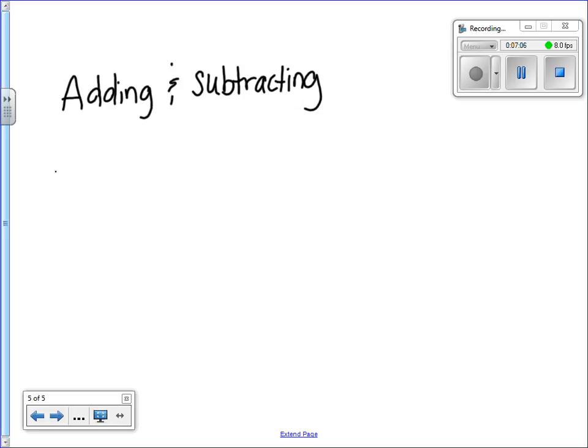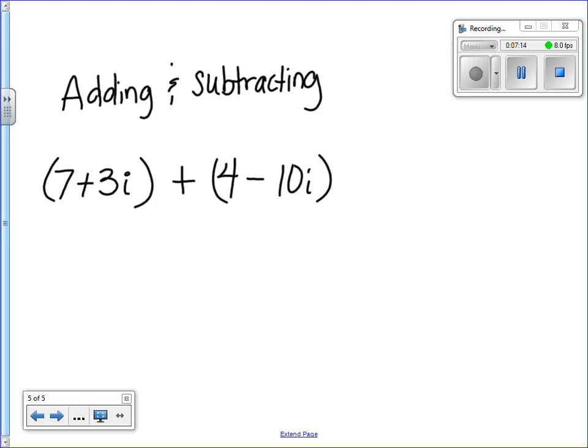So if you have 7 plus 3i plus 4 minus 10i, I'm going to add 7 plus 4, real part to real part, and 3i to negative 10i. That's going to be my answer.